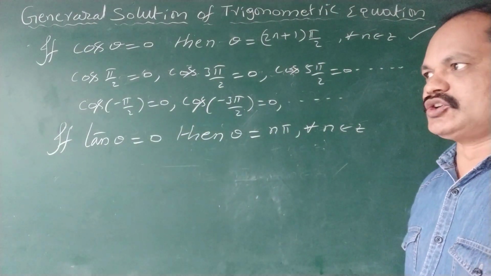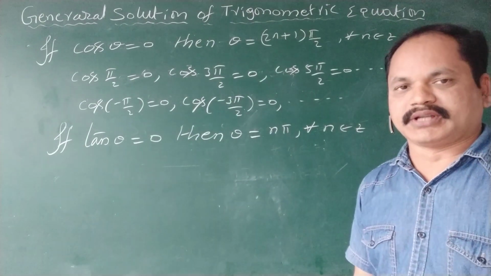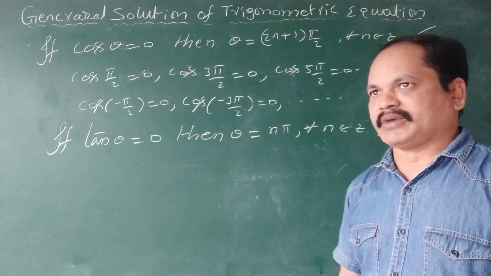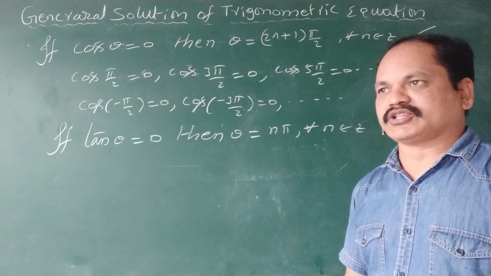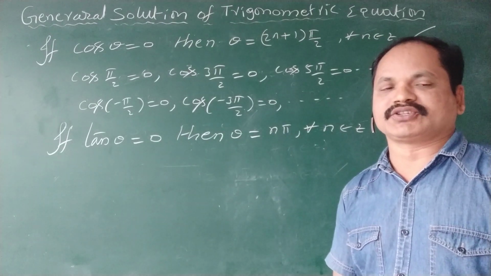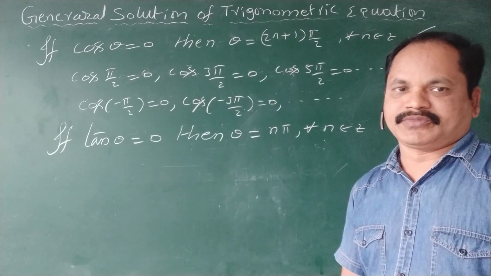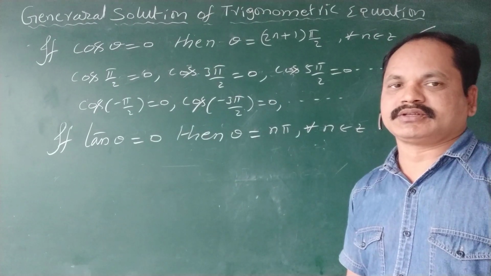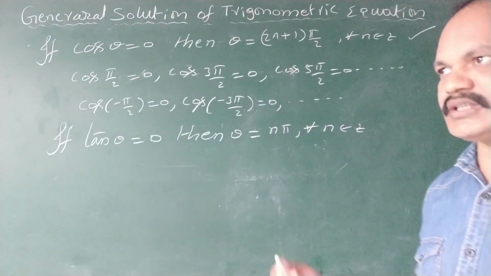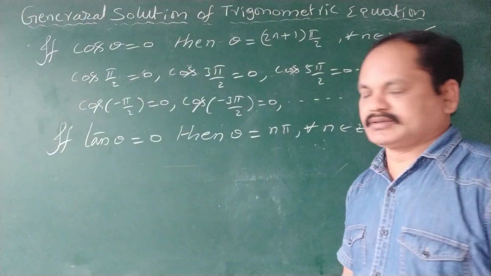Since tan 0 is 0, tan pi is 0, tan 2 pi is 0, tan 3 pi is 0, tan 4 pi is 0, tan minus pi is 0, tan minus 2 pi is 0, like that. That's why tan n pi is 0 where n belongs to Z, and infinite solutions satisfy this trigonometric equation. This is similar to the sine function.